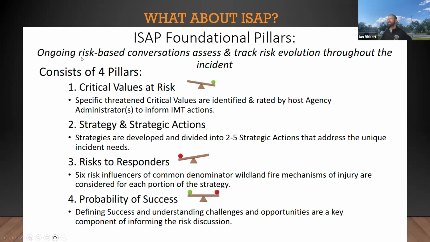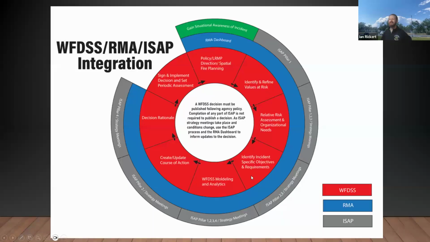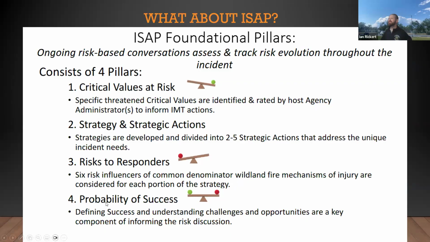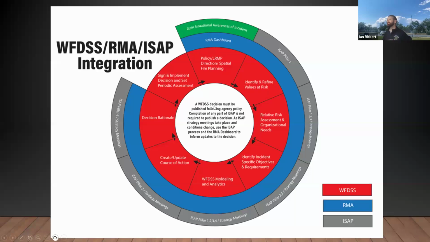I'm not going to go through the 4 pillars with detail. I believe you've already got that. What I am going to do, I went too fast here. Let's talk about this first one and how we might be able to gain some efficiency within the ISAP process and apply some of these tools. So we're going to start with pillar number 1, critical values at risk. And then you want to hear a little bit more on how to tie some of those RMA analytics to the rest of these. We'll come back to that.